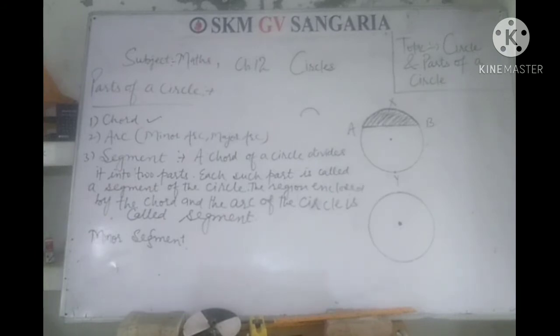A segment is always named by taking a point on the circumference on the side of the segment and writing it between the points of the chord.